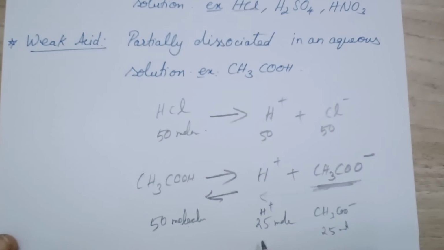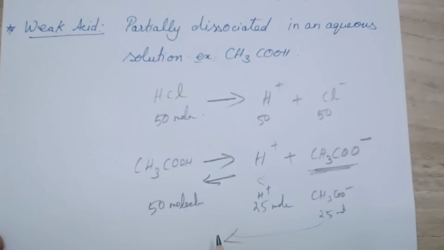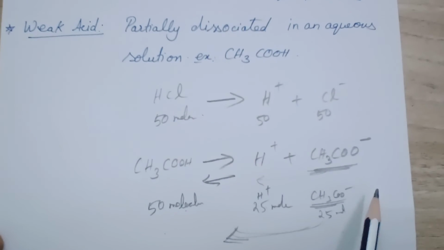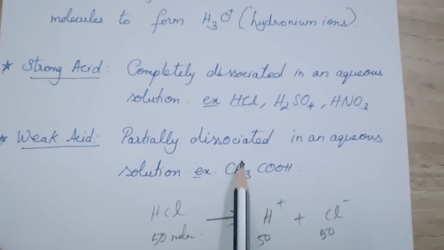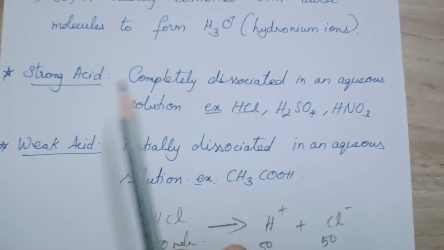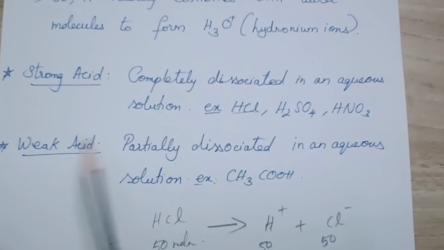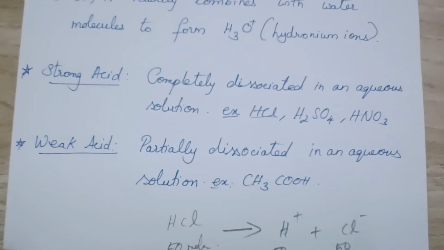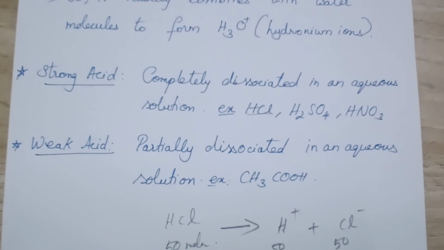Even if more than 25 dissociate, they again combine with hydrogen ions and form acetic acid. This is called partial dissociation. That is a weak acid. Fully dissociated means a strong acid. Partially dissociated means a weak acid. Clear? So these are a few things about acids. We will study all these chemical reactions in detail in the next class. Thank you.